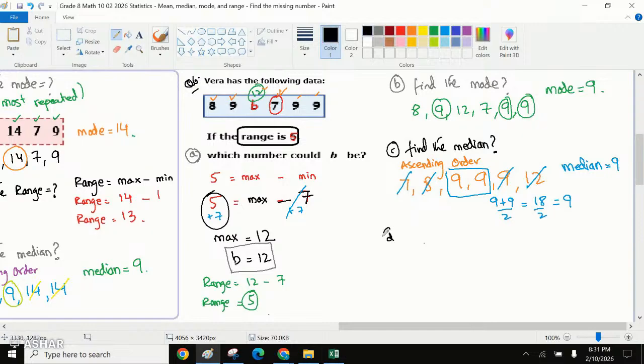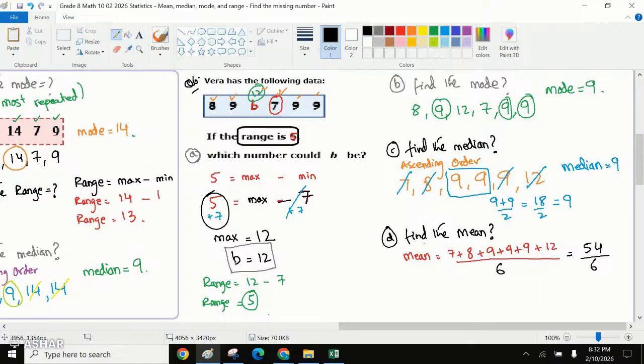And the last part, there are only 4 possibilities. Find the mean. Since we are creating a random question, even if it comes in decimals, we would be fine with it, right? So let's add the numbers: 7 plus 8, 9 plus 9 plus 9 plus 12. There were a total of 6 numbers. 7 plus 8 is 15, plus 27, and plus 12, it comes out to be 54.